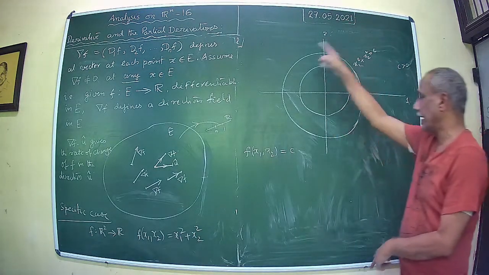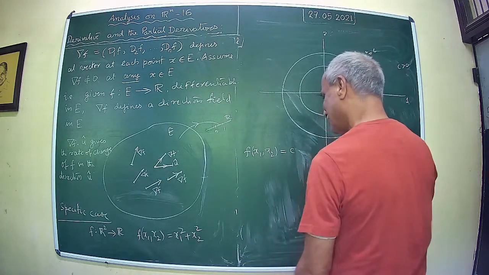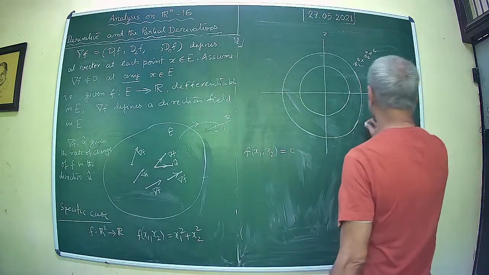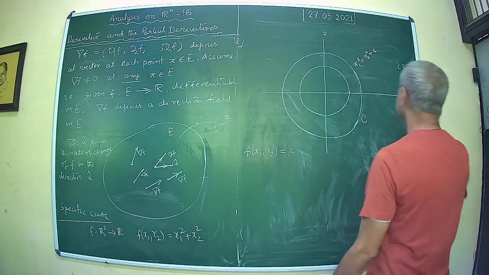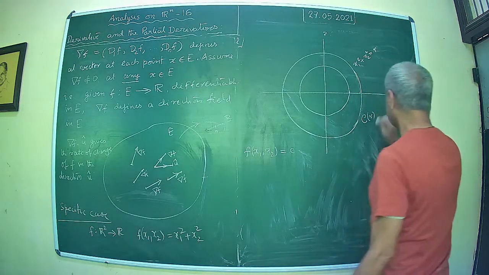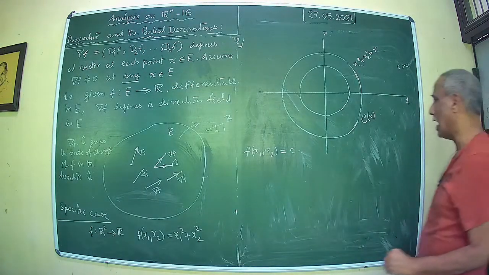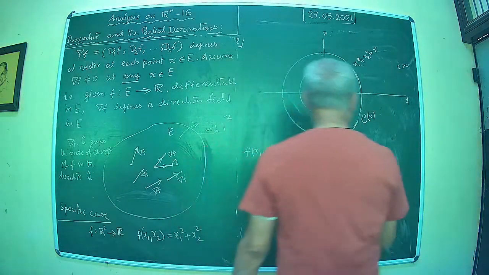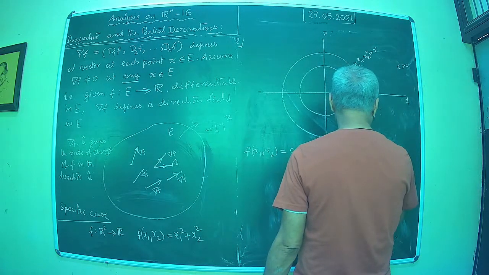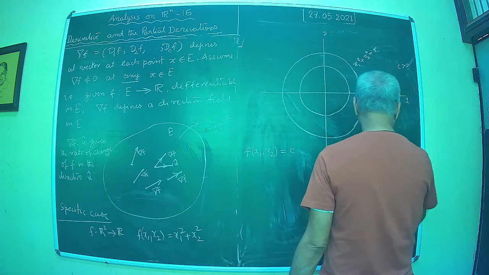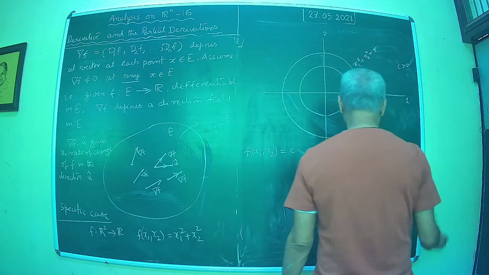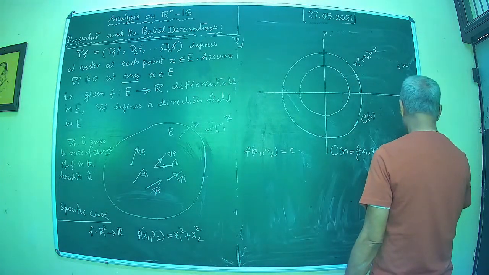So all these points map to the same point in R. Okay. So let me write CR, the circle with radius R; we are taking R positive.